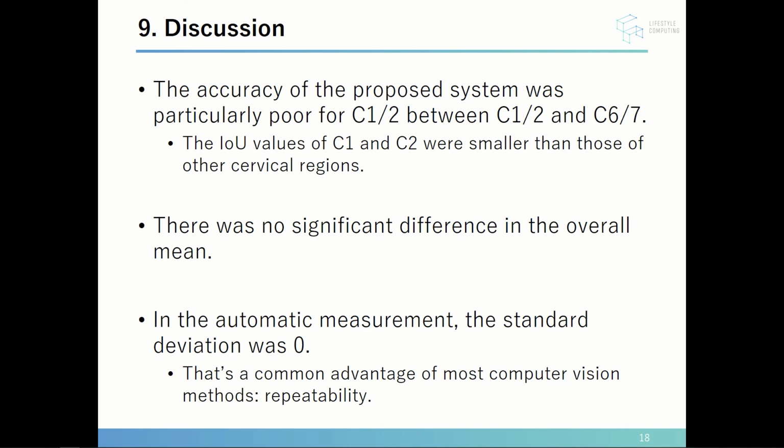There was no difference in the overall mean error between the automatic and resident measurement. But we also calculated the standard deviations for each measurement by the specialist and the resident. In the automatic measurement, the standard deviation was 0. We thought of this as a common advantage of most computer vision methods, repeatability. We consider automatic measurement to be superior to manual measurement in this respect.